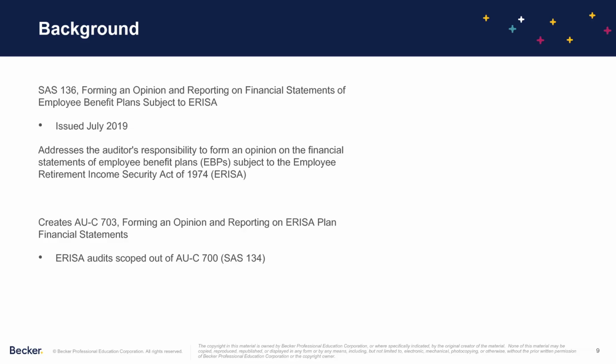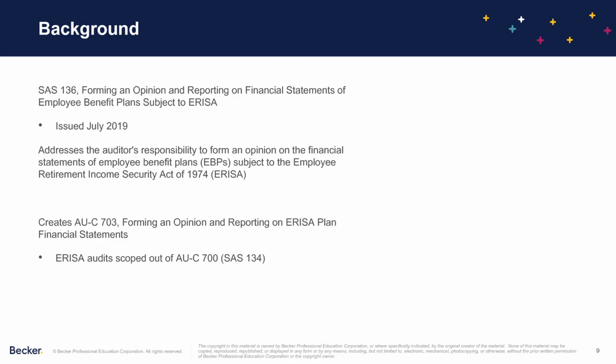And so as a result, they were very active. I don't want to say they led the effort, but they were very, very involved with this. The DOL is responsible for these items, and they really wanted to make sure, and they participated actively in coming up with the outcomes that are in SAS 136.